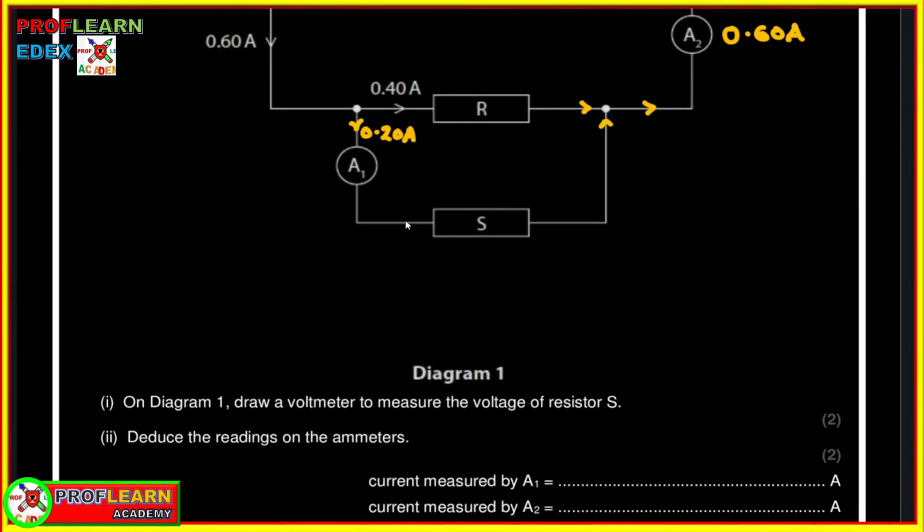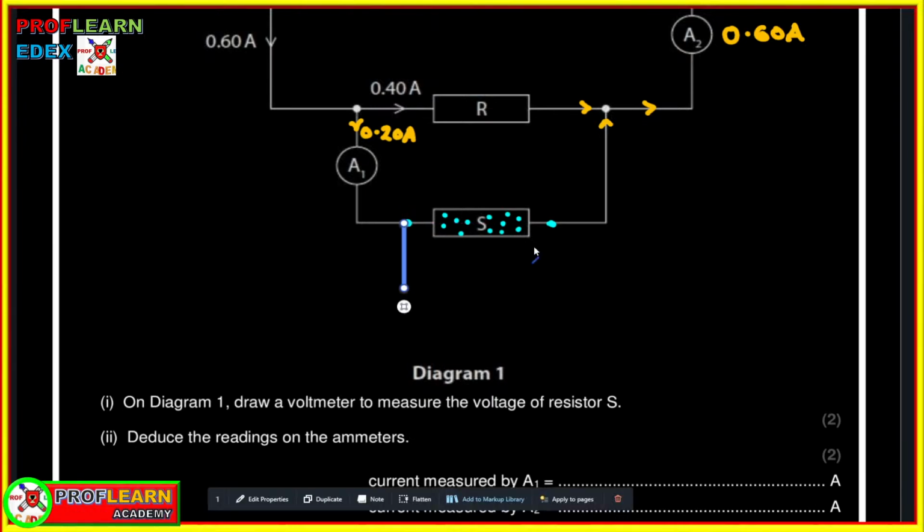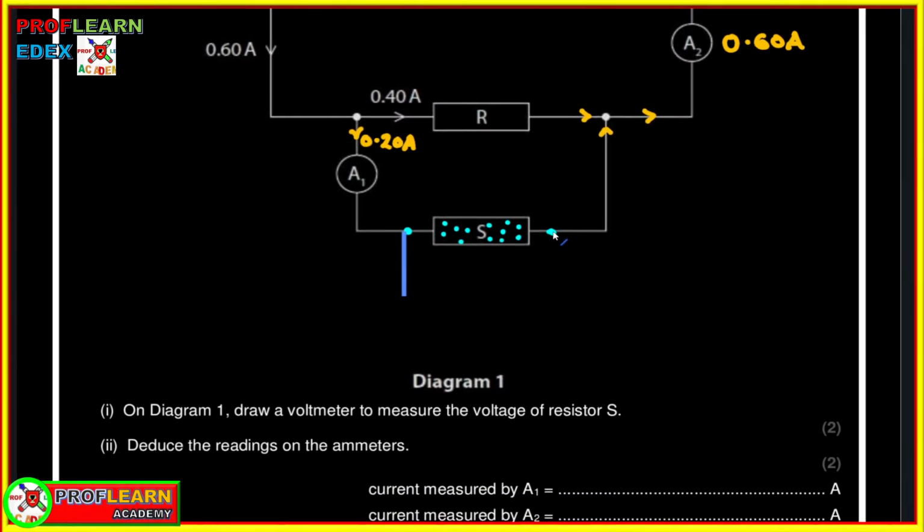Resistor S is this one here. We want to measure the voltage of this resistor, so we connect the voltmeter in parallel to the component. That is what we learned when we talked about connecting resistors.